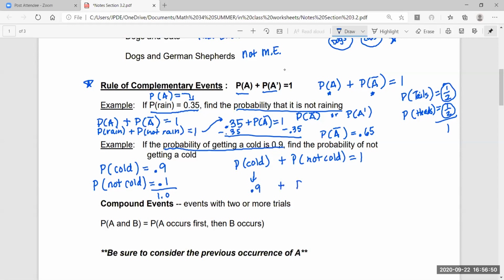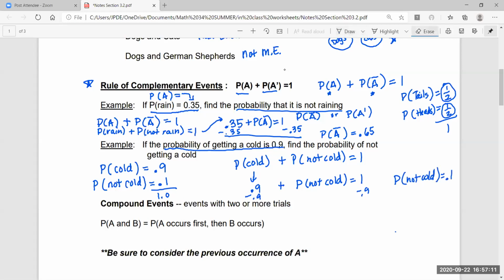This one we don't know, but we know it needs to equal 1. And again, you could subtract the 0.9 from each side, and you'll get that the probability of not getting a cold is 0.1.